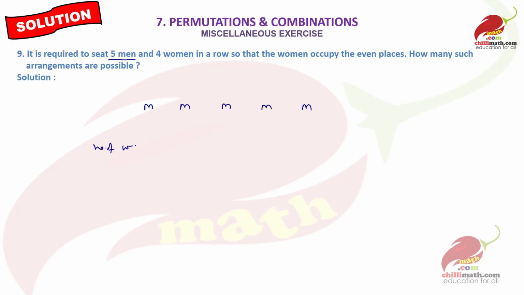So I write here number of ways 5 men can sit is equal to 5 factorial ways, and these women have to sit on even places, that is the second place, fourth, sixth and eighth place. So there are 4 places and 4 women are there.